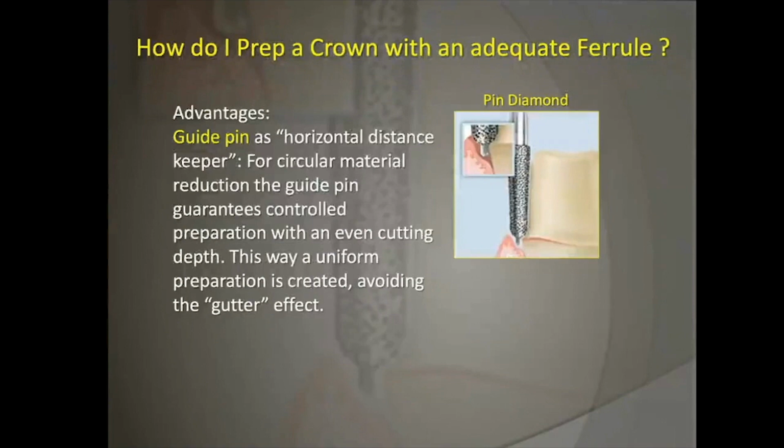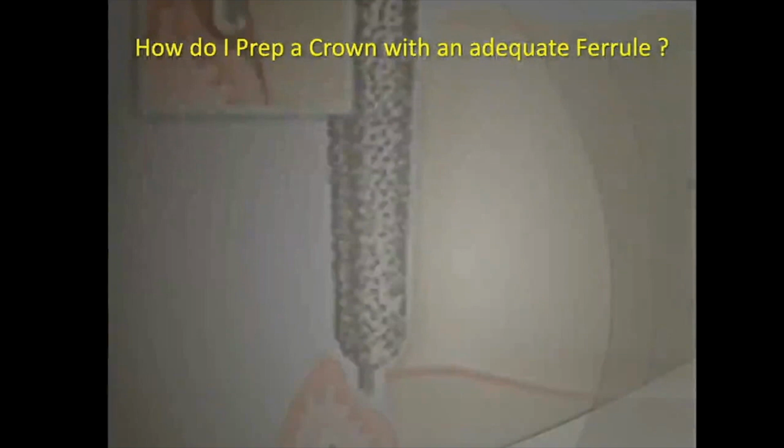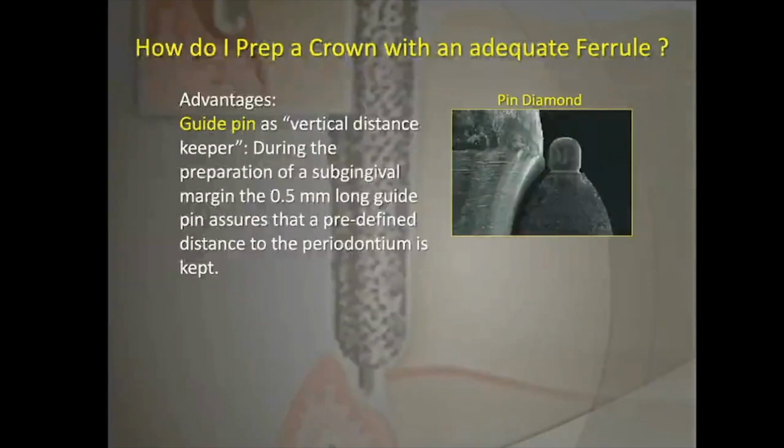You don't want to create a gutter at your margin. We'd much prefer to have a nice, smooth, chamfer-like transition in the ferrule area. It also allows for controlled preparation of a defined crown margin. The guide pin is a vertical distance keeper as well.